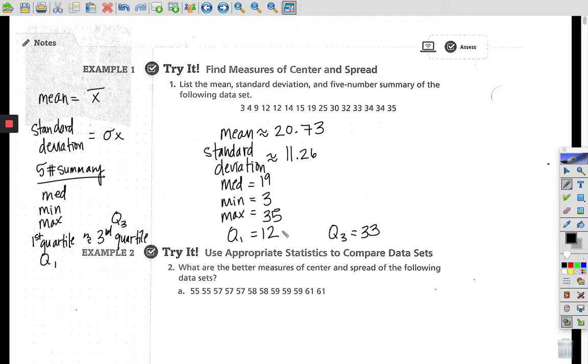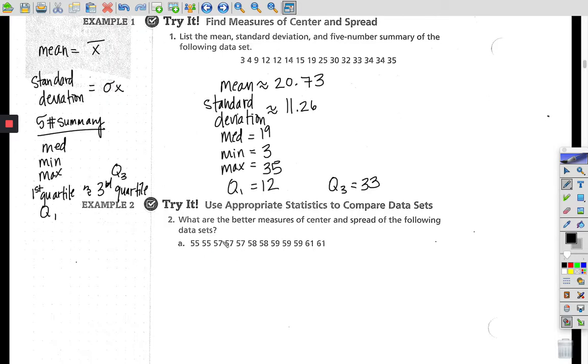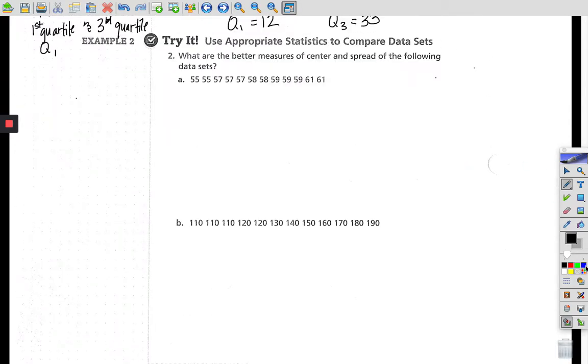So the center could be your mean or your median. That depends on what type of graph or bell curve we have. And that brings us into example 2 here. Example 2 says, what are the better measures of center and spread of the following data sets? If our median equals our mean, it has to be exactly equal, that means we have a normal distribution.